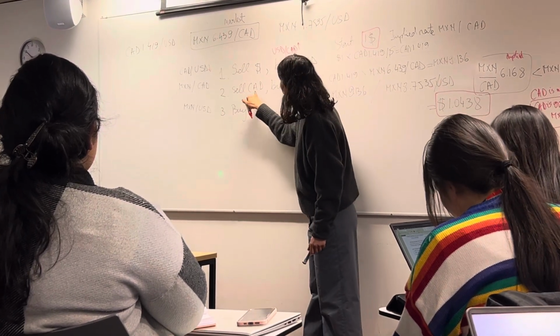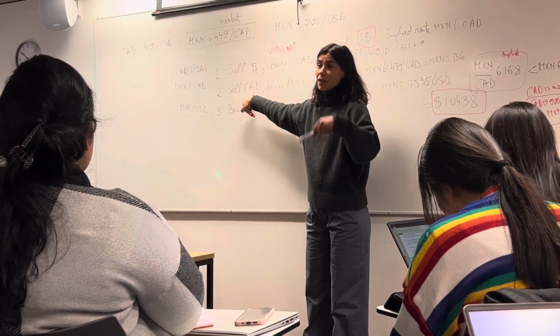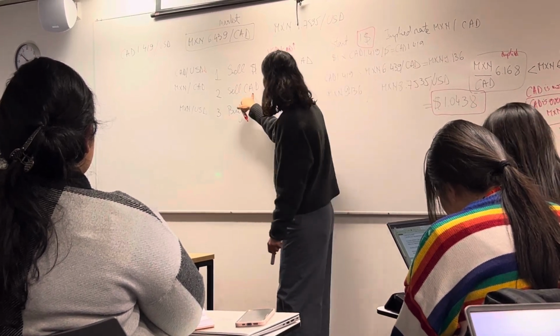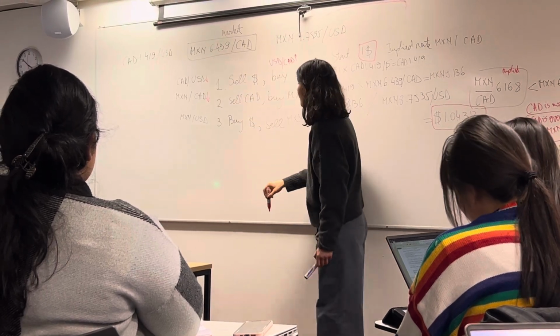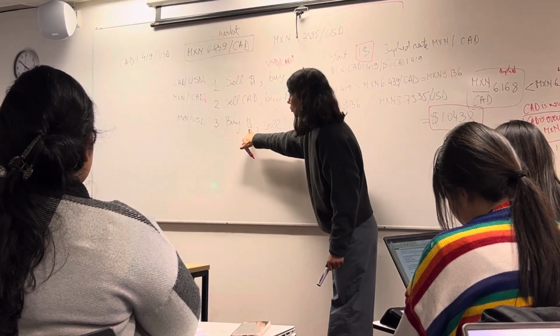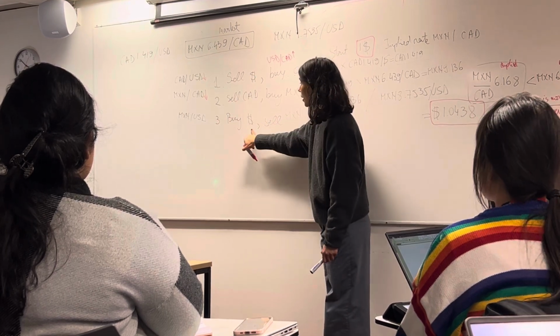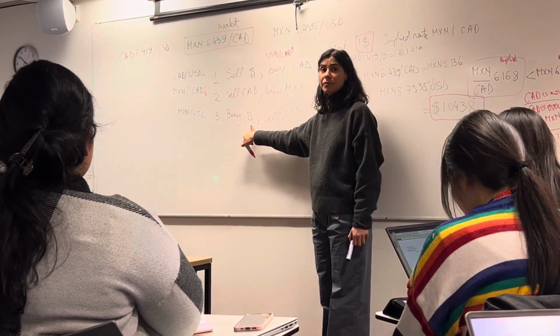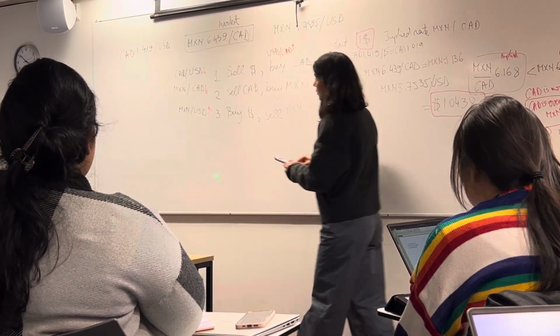Now, the more and more people sell the CAD, what will happen? It will put downward pressure on the price of the CAD relative to the MXN, so this will go down. Now, the more and more people buy the dollar and sell the MXN, what will happen to the dollar? Appreciate. Yes, puts upward pressure. So this is how they change.